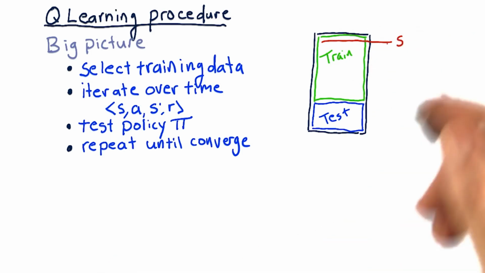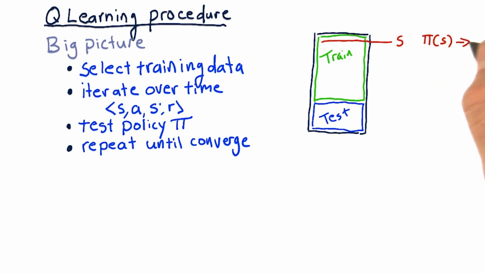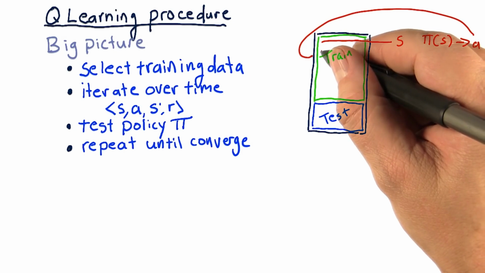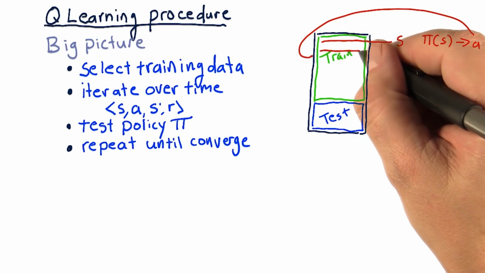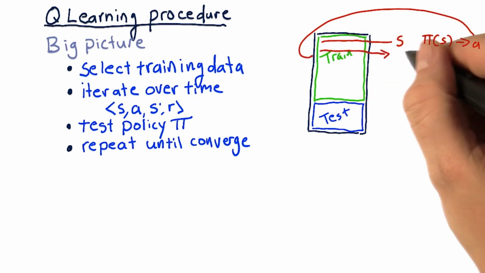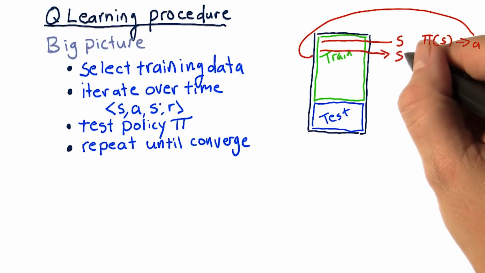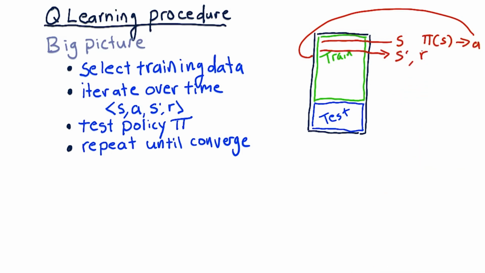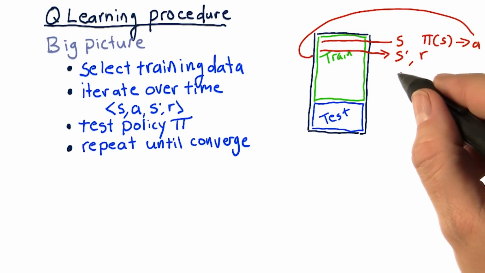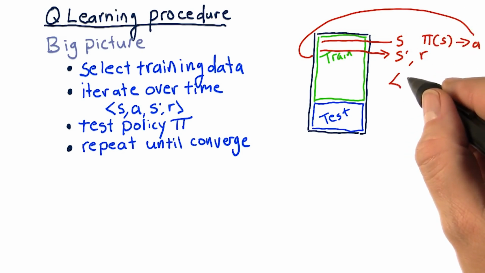We consult our policy, and that gives us an action. So we take that action, plug it into our system here, evaluate the next state, and we get our S prime and our reward. After one iteration here, we've got an S, an action, an S prime, and an R, or an experience tuple.